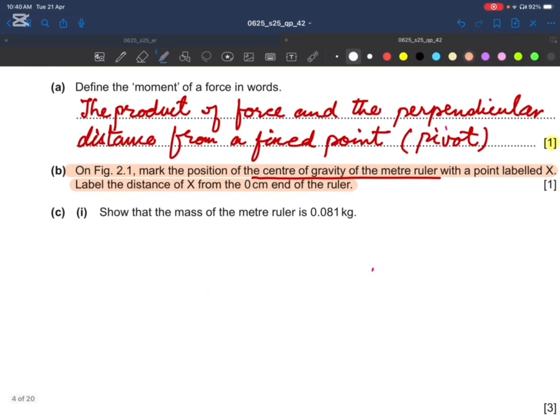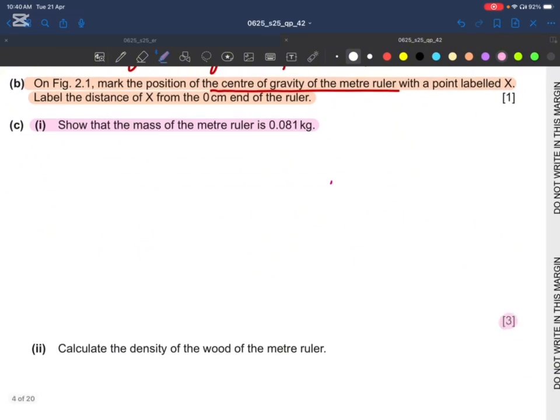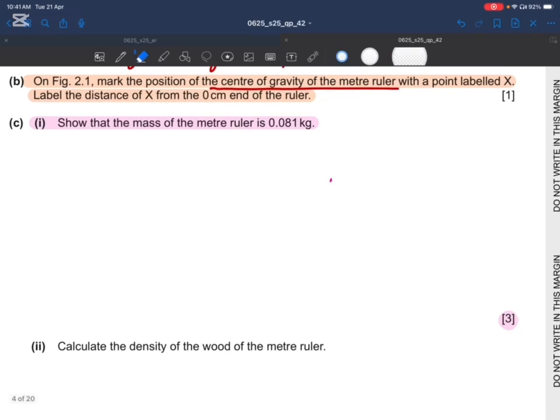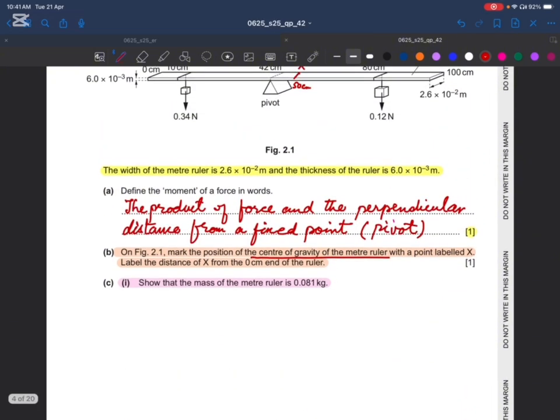Now in part C1, show that the mass of the meter ruler is this much kg. So what you have to do here, first of all, you must remember that when they are giving you 3 marks for this question, they demand something which is not very brief, but which you have to apply in detail.